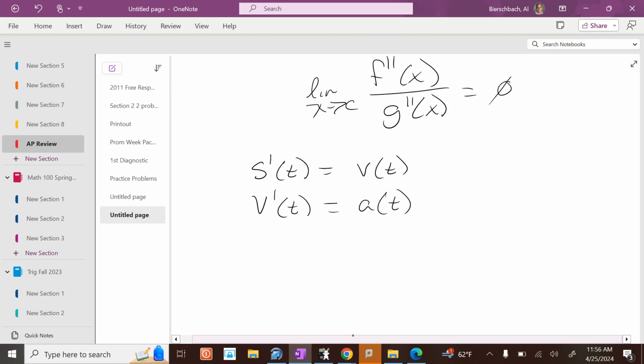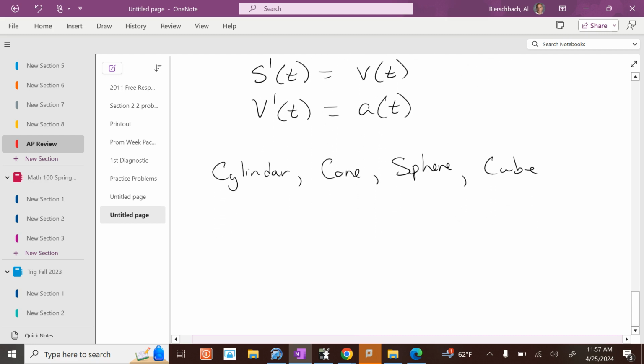Then we had related rates. So make sure you have memorized the cylinder formula, the cone formula, the sphere formula, and the cube formula. Know those volume formulas. The volume of a cylinder is pi r squared h.